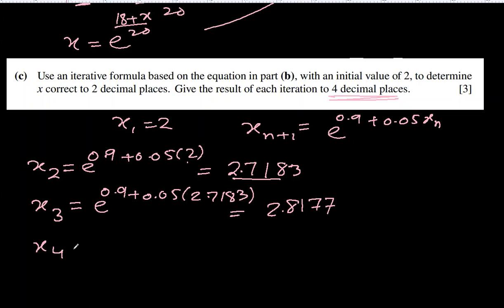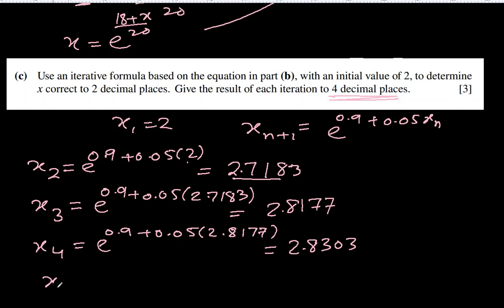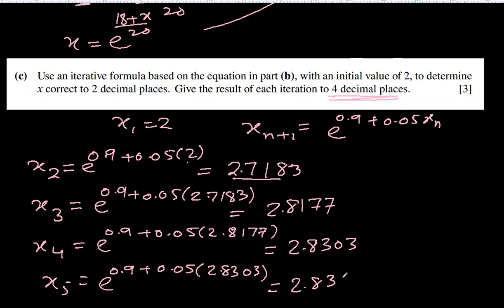Okay, x4 equals e to the power 0.9 plus 0.05, with 2.8177 we get 2.8303. Okay, x5 equals e to the power 0.9 plus 0.05, with 2.8303 in this case we get 2.8335, and now I stop.